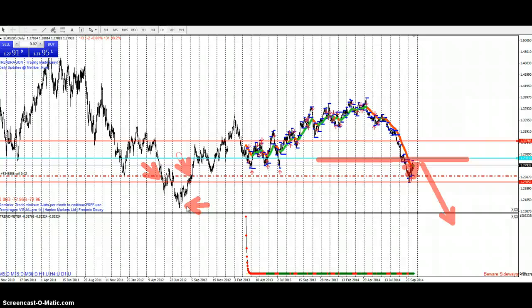It can still go there. There are a lot of issues in Europe they have to deal with, and maybe that's where it's going to be. Right now the currency is still on a downtrend. We can't really say that it's going into an uptrend.